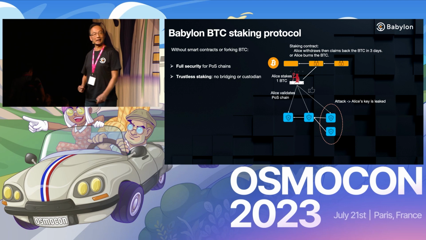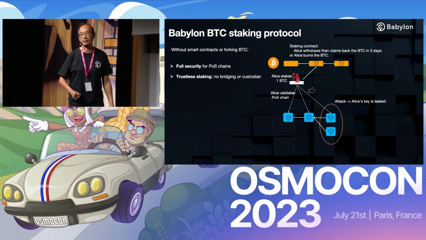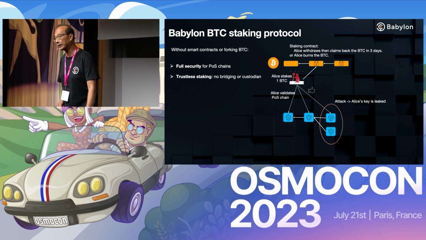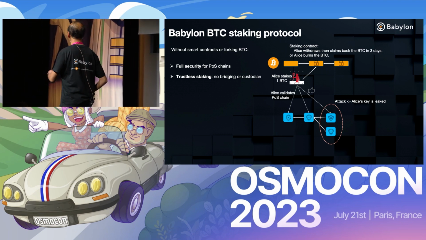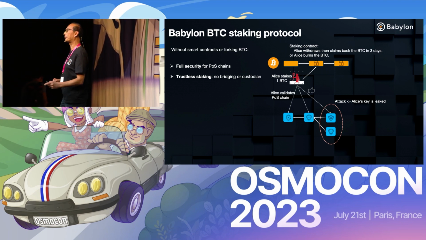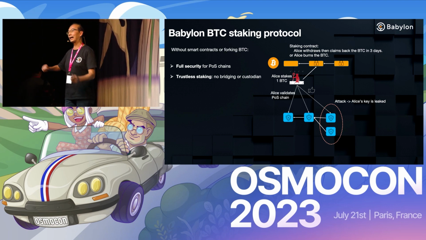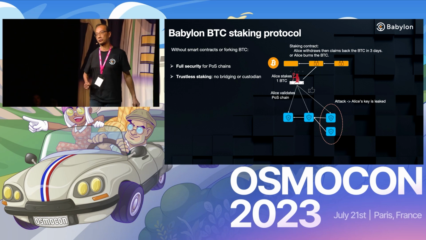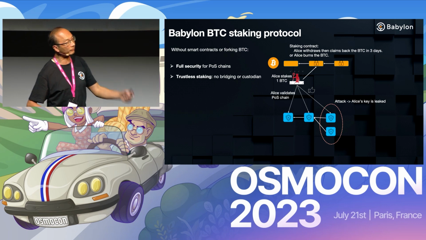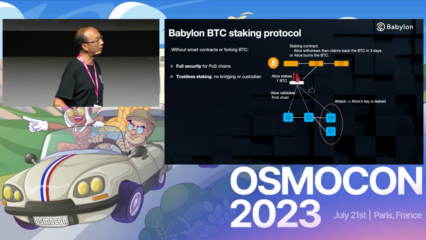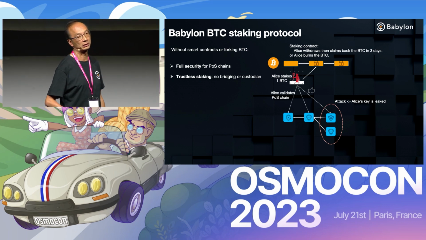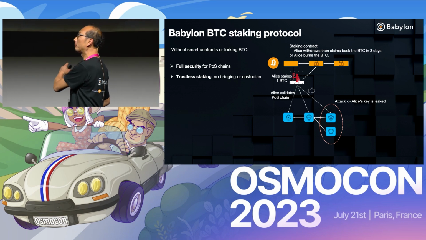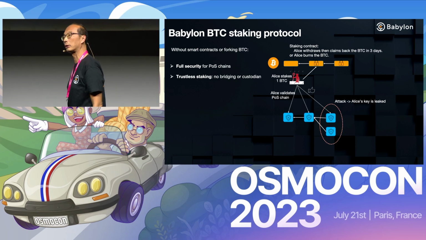However, what we are able to do is to use some pretty swift cryptography to use this evidence of forking the chain directly, combined with an interesting signature scheme, to force the leaking of Alice's private key, which she uses both to sign the blocks as well as to control the Bitcoin address.